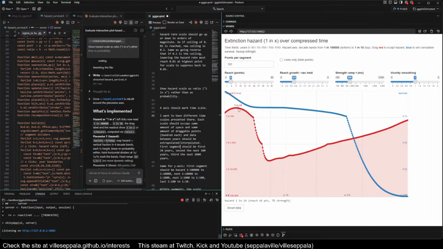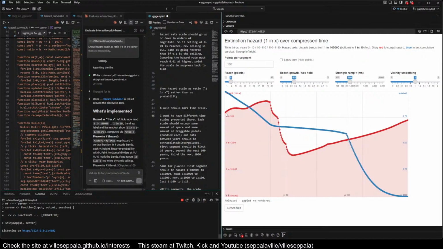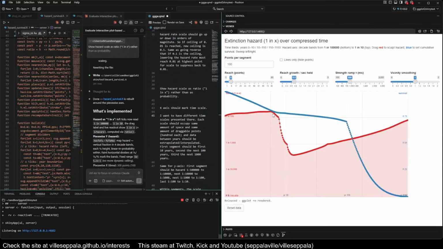So this is where we have year 10. Right now the survival until year 10 is like 75%.